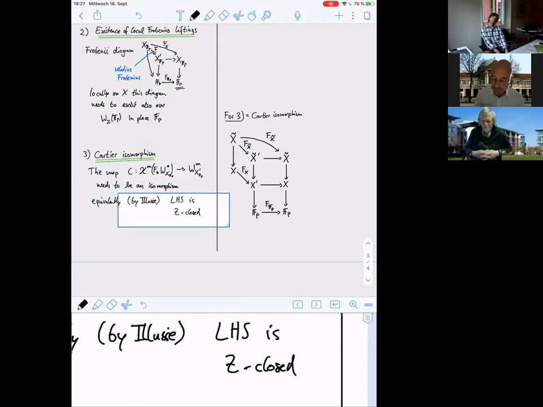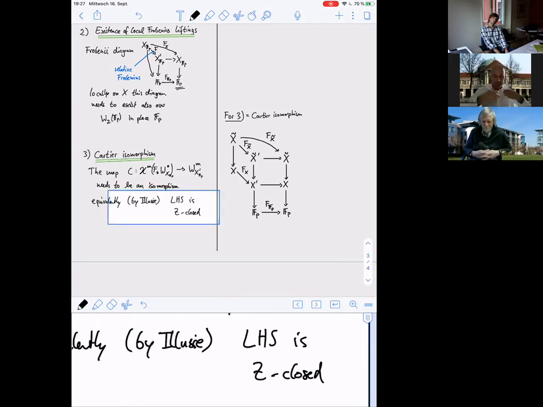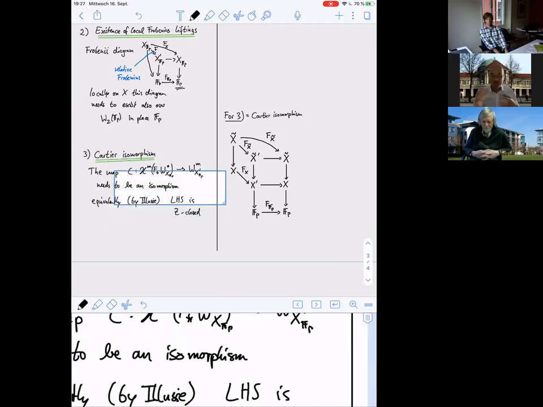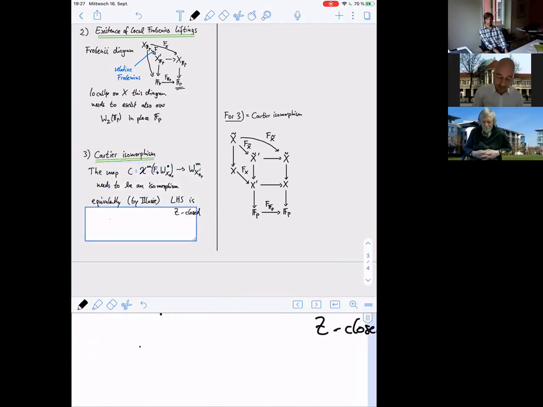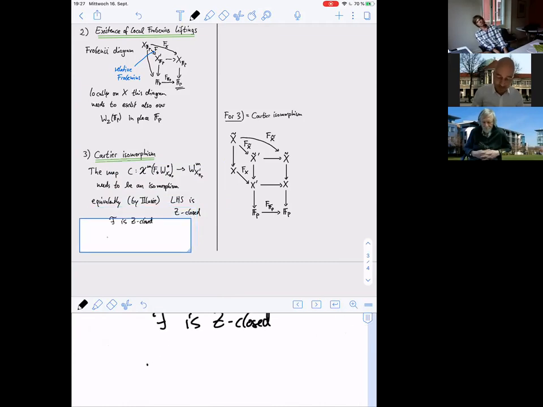What does that mean? Z is the log singular locus. That's where stuff is bad. That's over which we push forward the sheaf of differential forms, and that's why it's called W in Omega, because we pushed it forward. And Z-closed means, if you have a sheaf, it is Z-closed if the following is an isomorphism: you have the adjunction map to, you restrict the sheaf to the complement of that locus, and then you push it back forward.